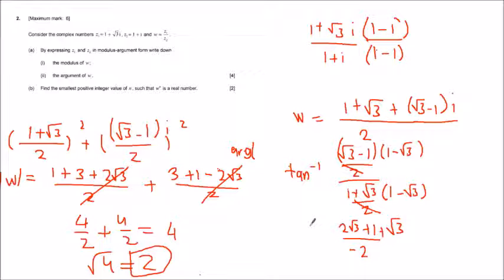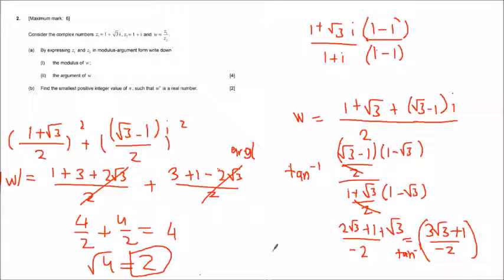I hope I'm not doing this wrong. But our argument is going to be this. It's going to be tangent inverse of this monstrosity, 3 square root of 3 plus 1 over minus 2.